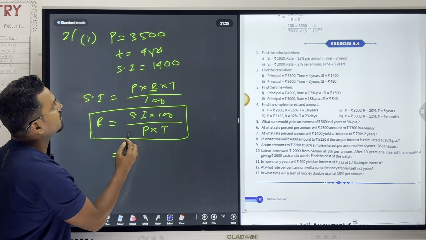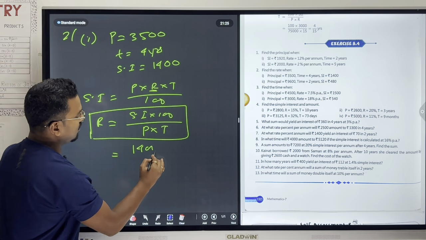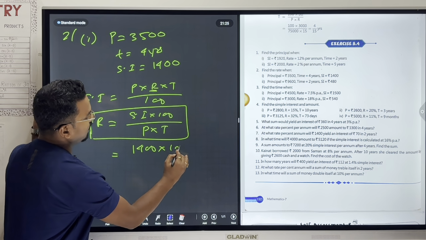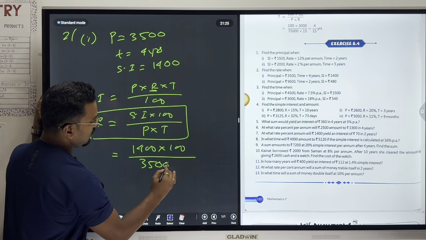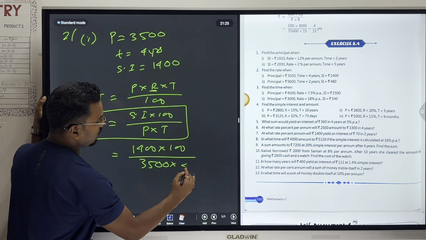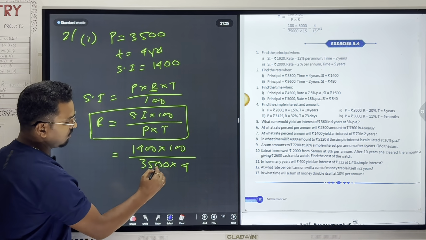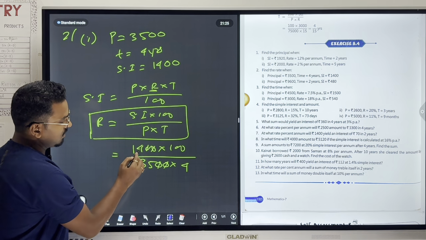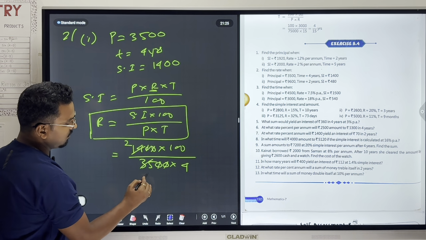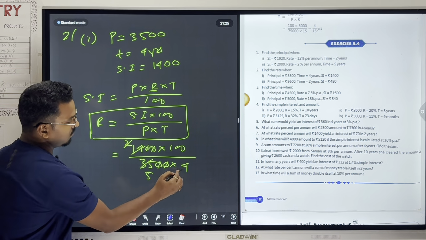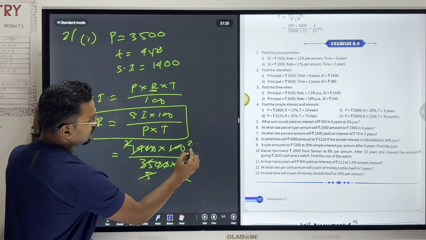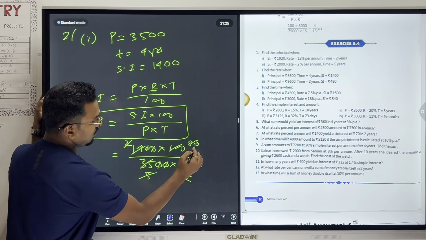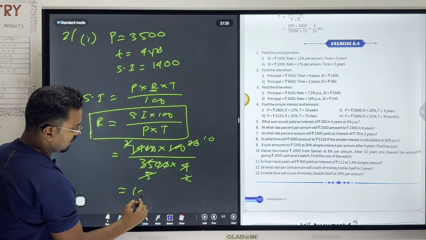Okay. So what is the simple interest? Simple interest is given 1400 multiplied by 100 divided by principal 3500 multiplied by time 4. Okay. So the zeros will get cancelled. 7 2s are 14, and if you cancel, you get 10%.